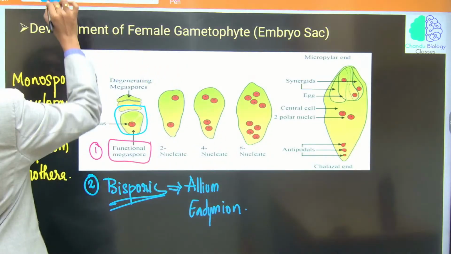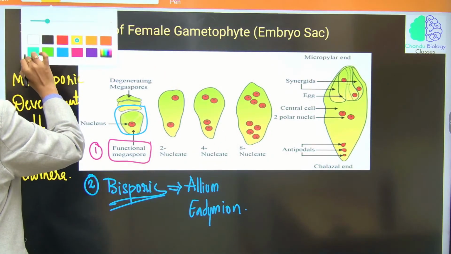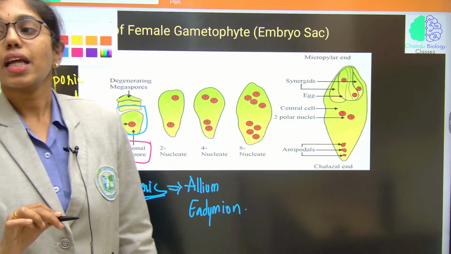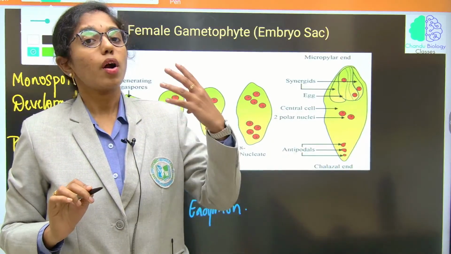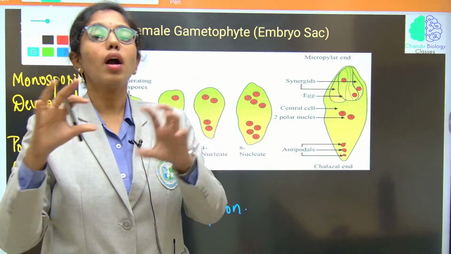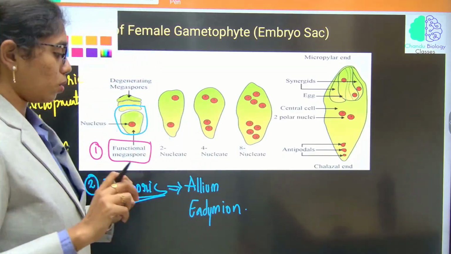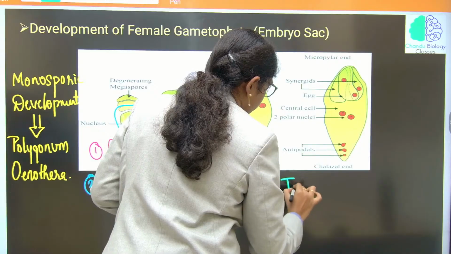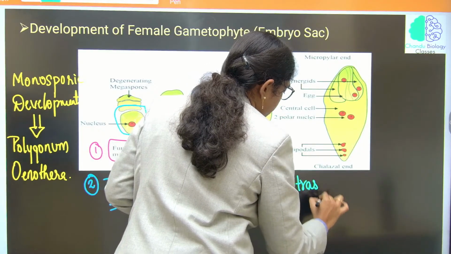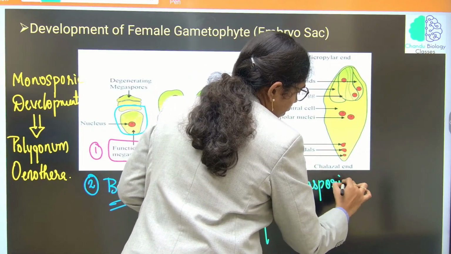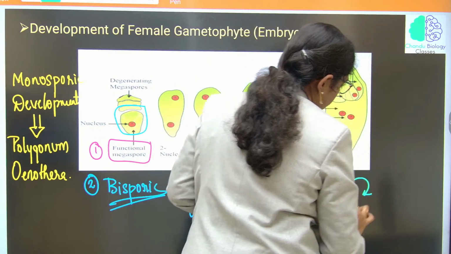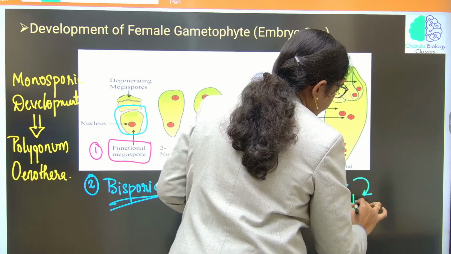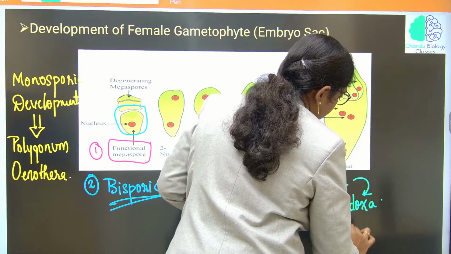And where all the four megaspores are involved in the formation of the embryo sac, that is known as tetrasporic development. Best example follows.